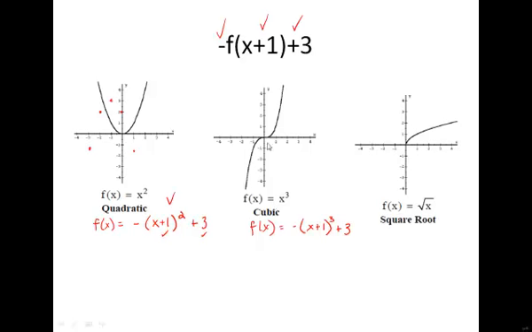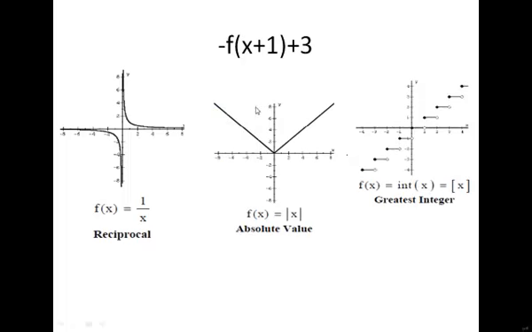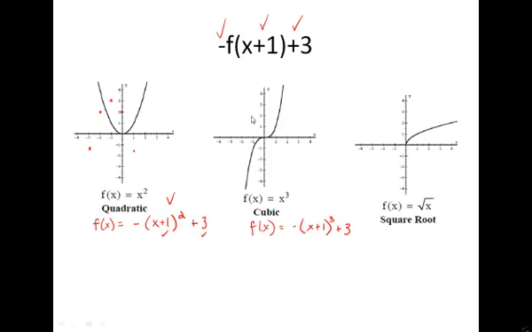Okay, so again, we're going to get a new origin, which is back 1, up 3, opposite of what we would think for that horizontal. There's my new origin. Okay, and then instead of going over 1, up 1, we're going to go over 1, down 1 because of this vertical flip.